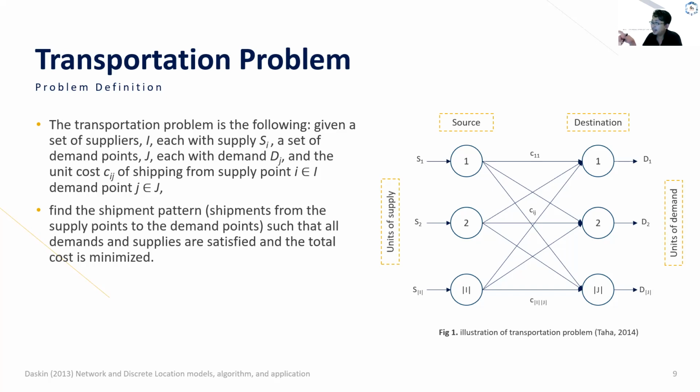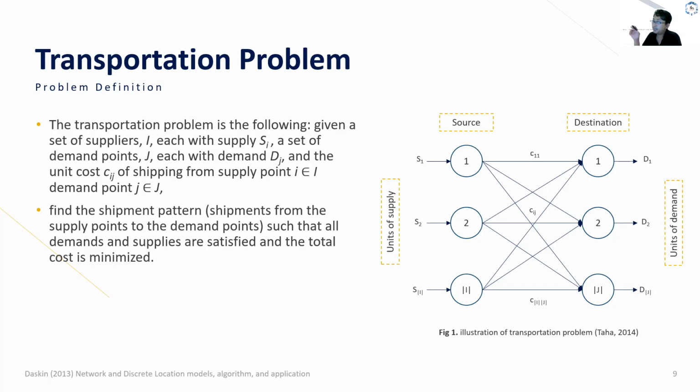Okay, so we have 1, 2, 3; it will be determined by the cost of shipping from one particular supplier to one particular customer. The unit cost of supplying from one supplier to a customer is different from one to another. It is represented by the unit cost of shipping product from one supplier to another demand point.